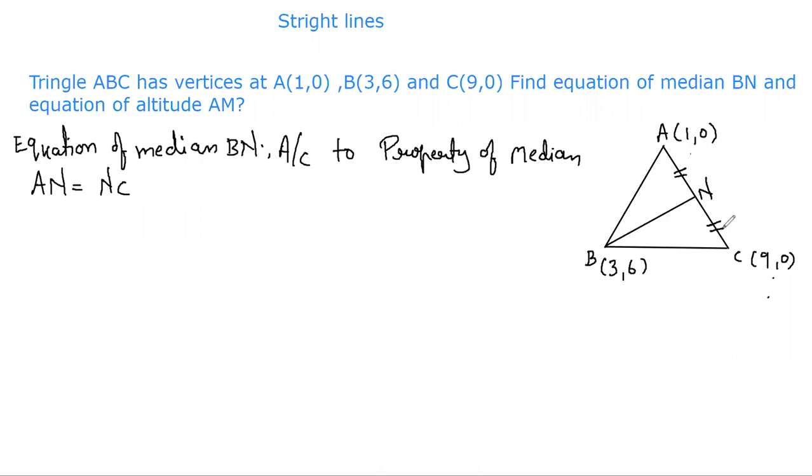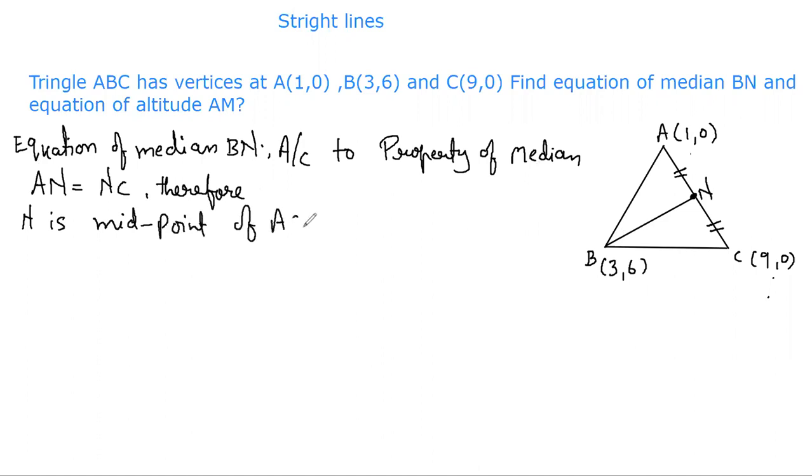So if this is divided into two equal parts, we can say N is the midpoint of AC.